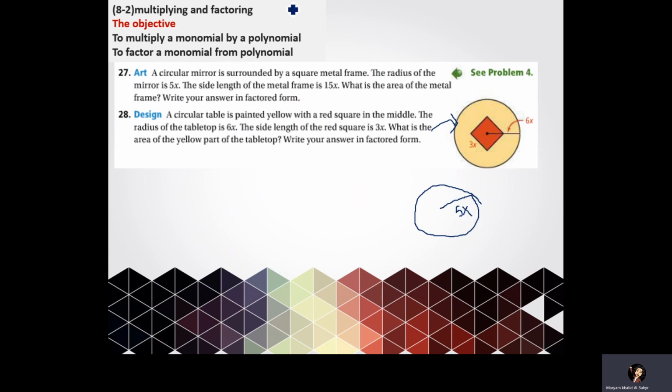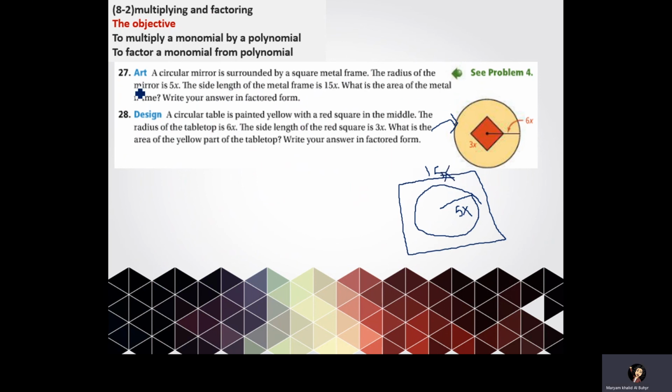Then the side length of the metal frame is 15x. So you also have a square frame surrounding it, which is exactly the same thing that I did.